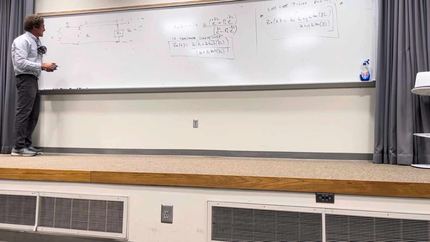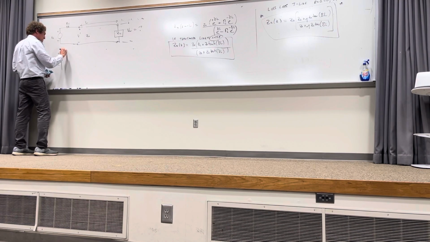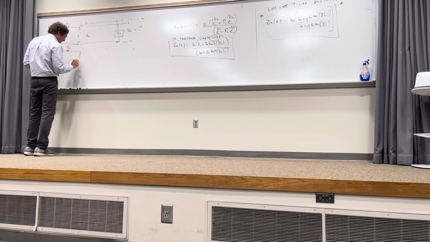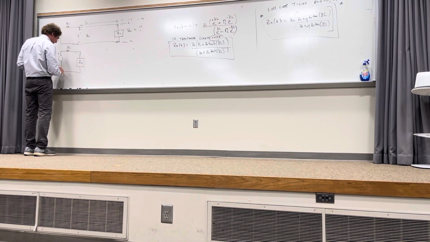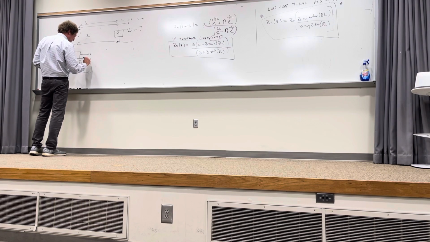Y'all follow me? So I'm going to go ahead and redraw this circuit. But now I put in Zin. And my goal is to find out what the voltage is here that I'm labeling as V prime.